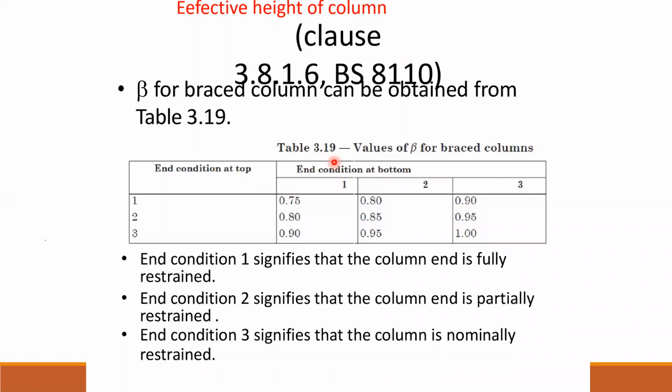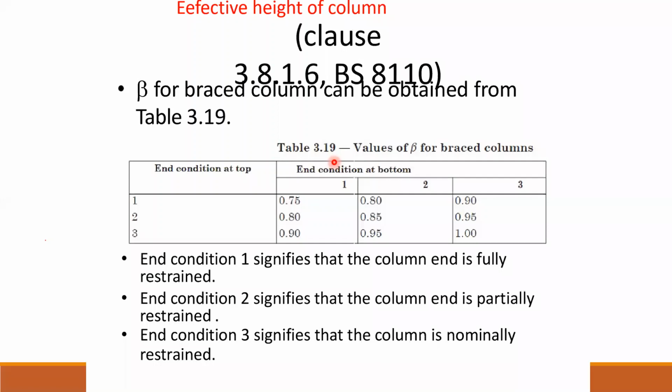End condition 1 signifies that the column end is fully restrained, that means mostly like a fixed end connection. End condition 2 signifies that the column end is partially restrained. The third one is that the column end is nominally restrained, right?